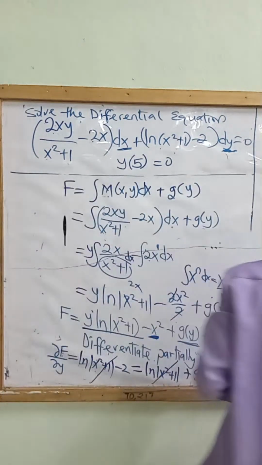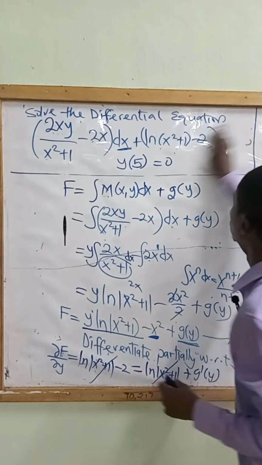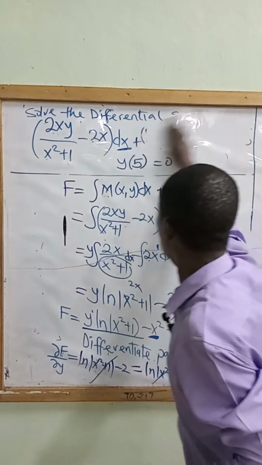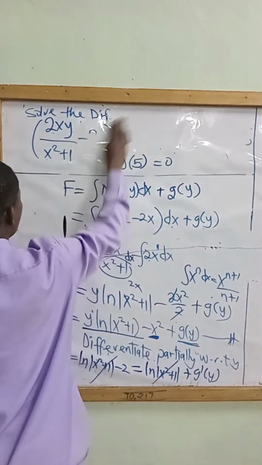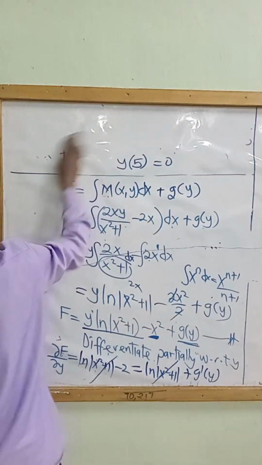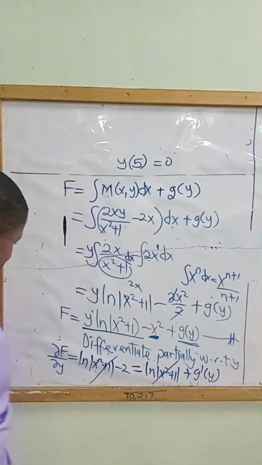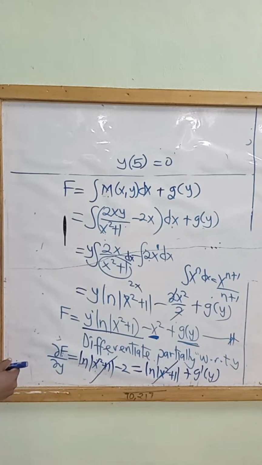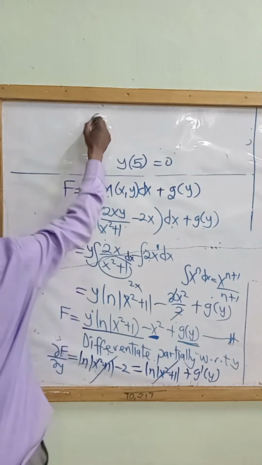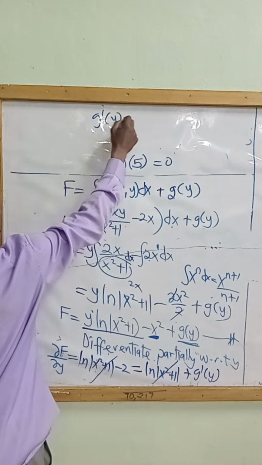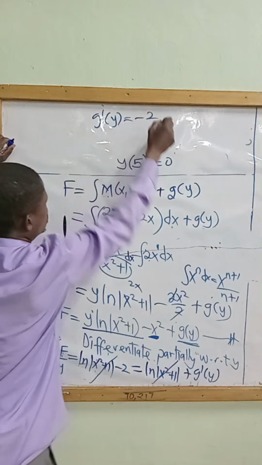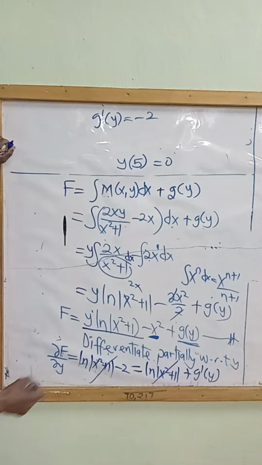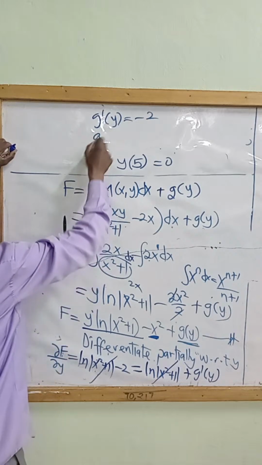So we now have g prime of y equal to minus 2, and then integrate both sides.